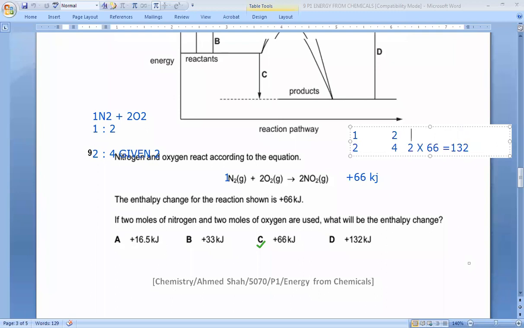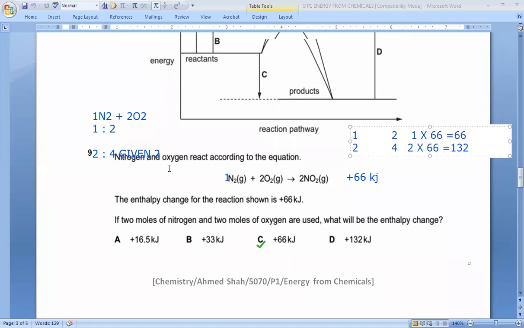If you think 1 mole multiplied by 66 remains 66. But in the second part of the question, if 2 moles of nitrogen and 2 moles of oxygen are used, then we needed 2 moles of nitrogen, so 2 more moles of oxygen, which means 4 moles of oxygen are needed, then option D is correct.